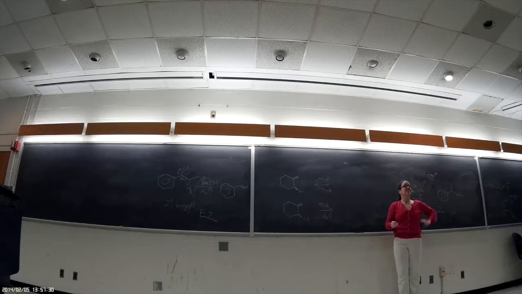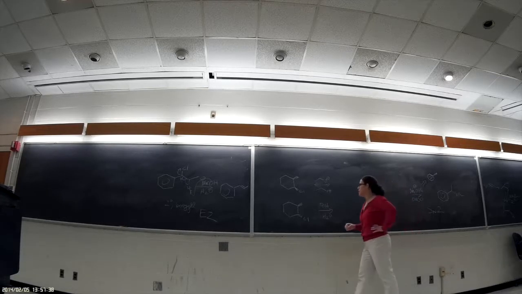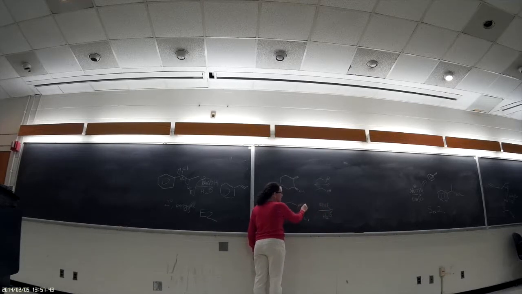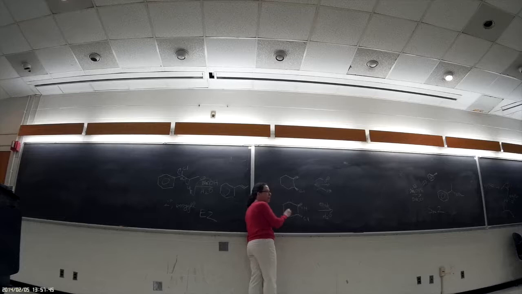In this case, since the hydrogen on the beta site and the leaving group need to be anti to one another, that means that here, the methyl is anti on the more substituted beta site, and the hydrogen is syn. You will not see E2 from here.